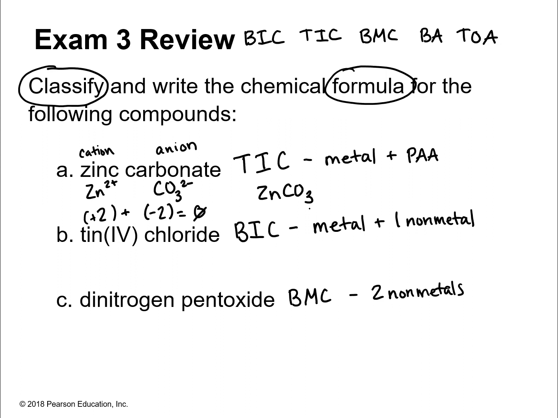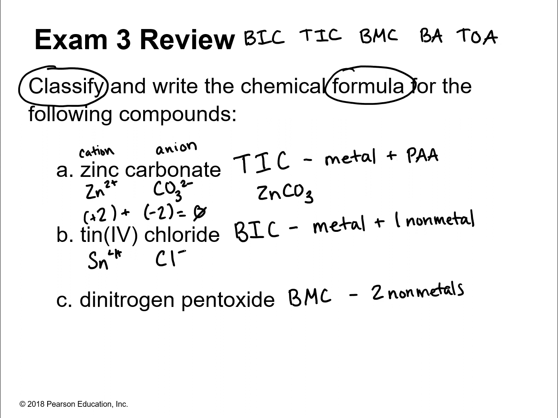Tin 4 chloride. Tin 4 tells us what its cation is. Tin is Sn, 4+. Boom. Chloride comes from chlorine, so we know our element is Cl. It is in group 7A, and to figure out the charge on the anion, we're going to take the group number 7, subtract 8, that gives us 1.